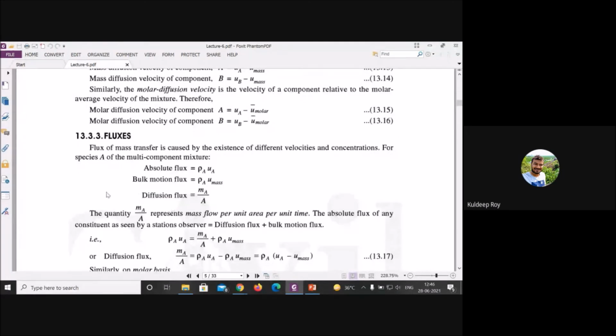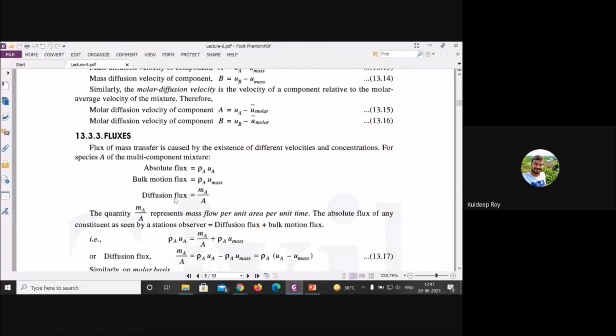And similarly, flux means N. JA is equal to NA by A. Okay, this is the formula, but here the notations are different.